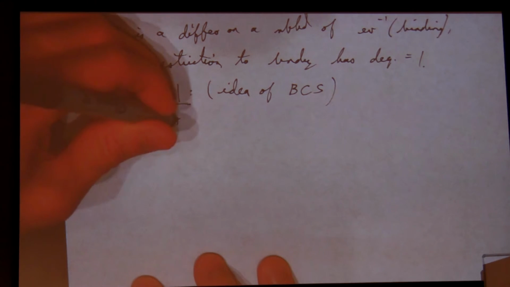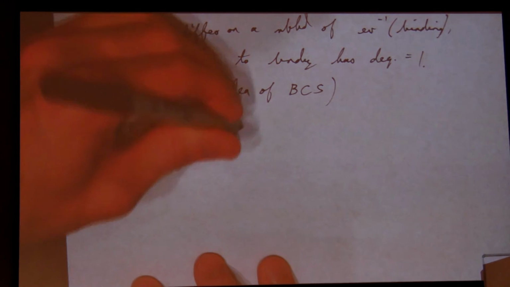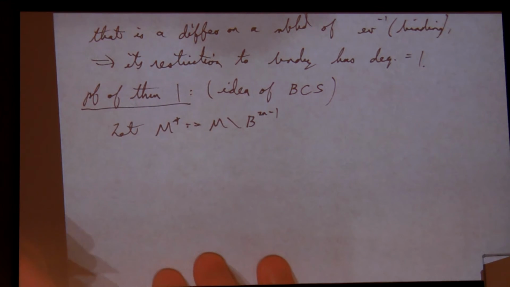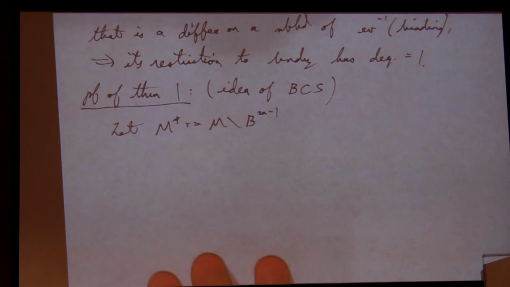Let M star denote the complement of a ball in M. This Morse function exists by assumption, which has a unique local min and local max. I can position the local max to be in that ball that I removed.